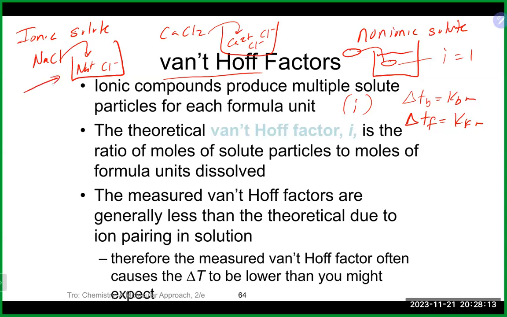So in the case of sodium chloride, i would equal 2, because you get 2 particles for every one that you toss in there. Something like calcium chloride, i would equal 3 in this case. And you can figure out the van't Hoff factor by just how many particles you get. So how does that affect it?